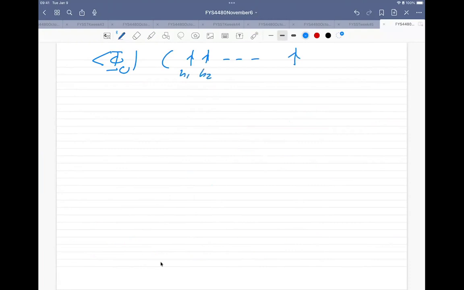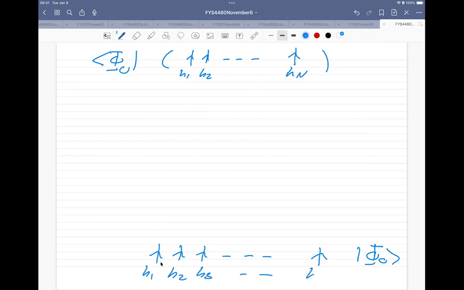These are the hole states, the states below the Fermi level, up to the last state below the Fermi level. Now, this is our end point. Now our starting point is a phi 0 here, which we would also write out in a very similar way. So we would have the H1s, H2s, etc. We can indicate these by the different arrows, H2, H3, up to Hn. So that's the state.